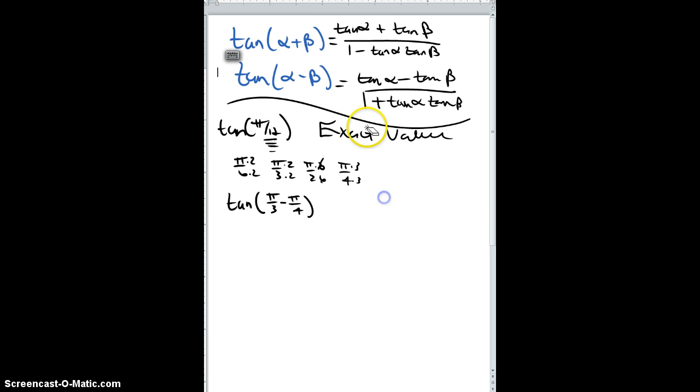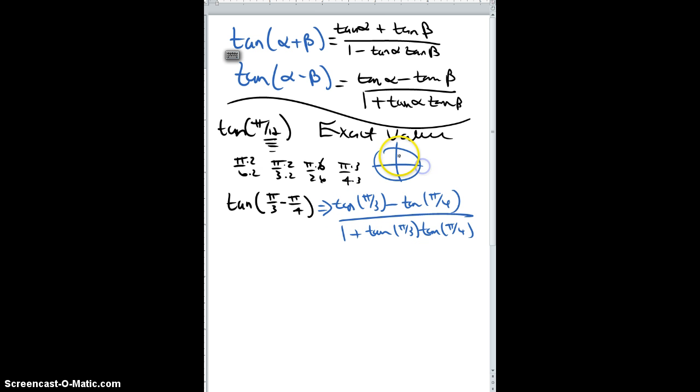All right, so now I'm going to sub in and actually use the trig identity. So I'm going to use the minus one. So I'm going to use this one right there. All right, so I get tangent of pi over 3 minus tangent of pi over 4 all over 1 plus tangent pi over 3 tangent pi over 4. All right, so again, you can use your unit circle and look at these, but remember your unit circle doesn't give you these right off the bat. You have to do a little division, right? Okay, so sine divided by cosine.